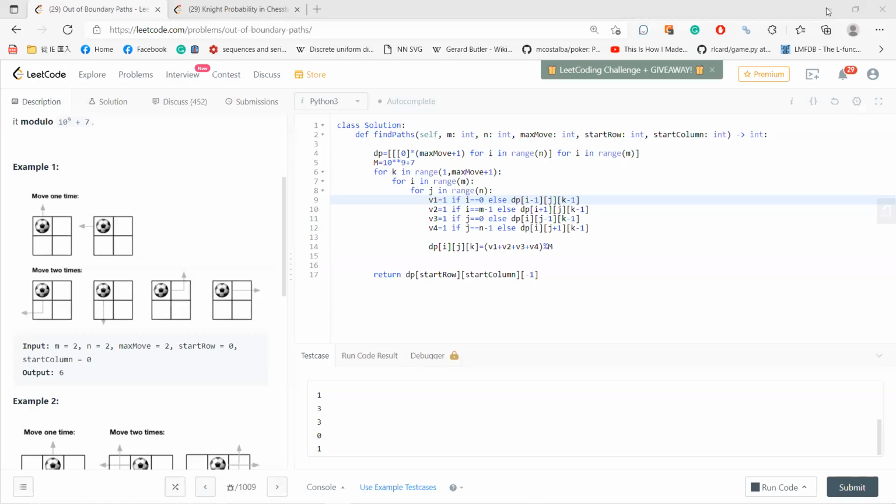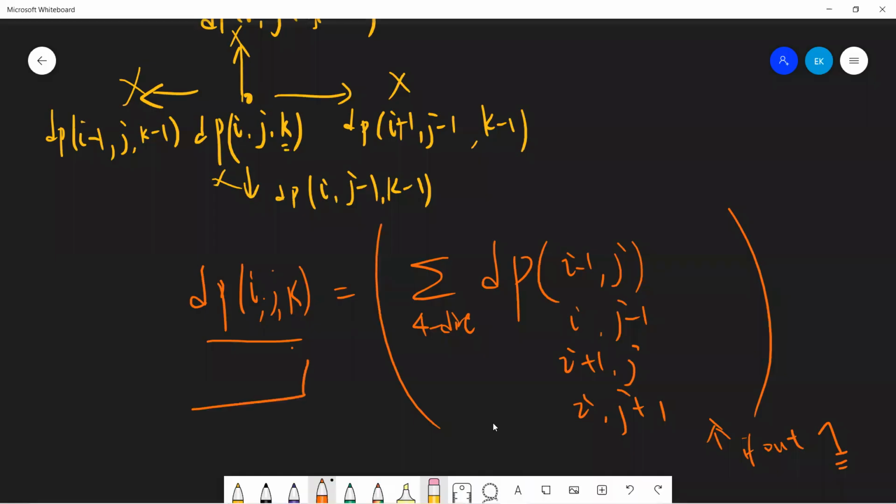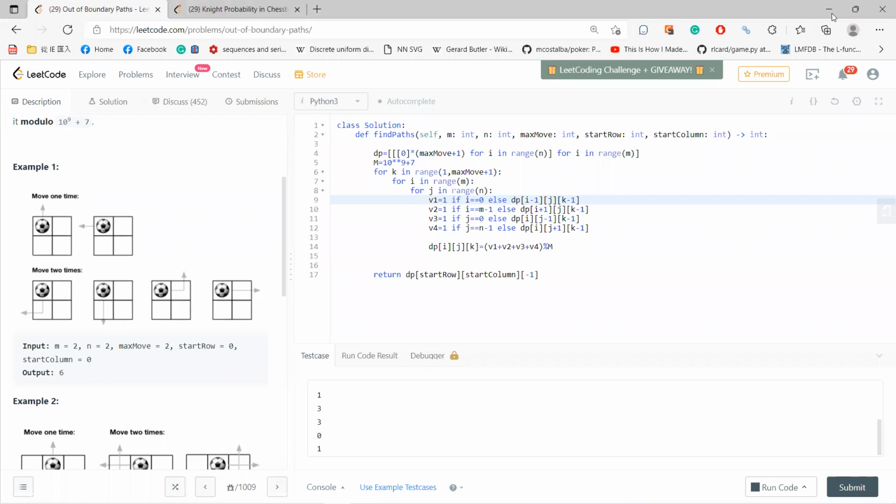So you can create your DP with max move plus 1 layers, and for i in range n, for j in range m. So the matrix is m times n times number of moves. The complexity of this solution will be O of m times n times k.